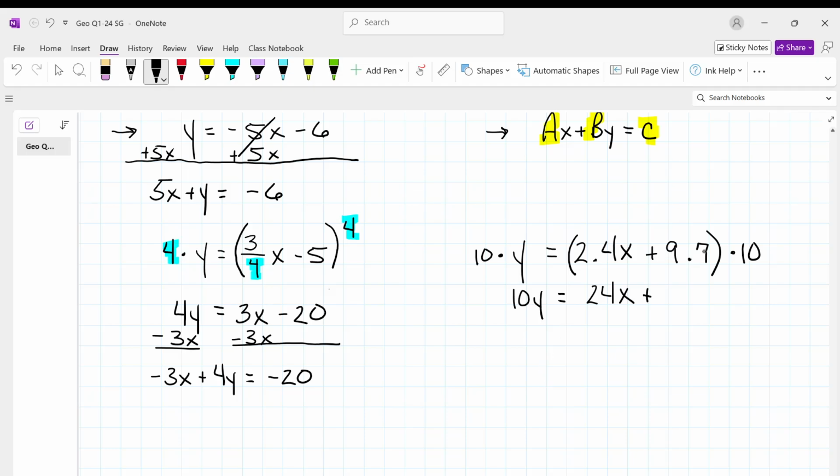And 9.7 times 10 is 97. So now, subtract 24x from each side. And we get -24x plus 10y is equal to 97.